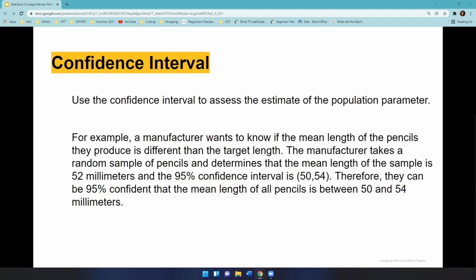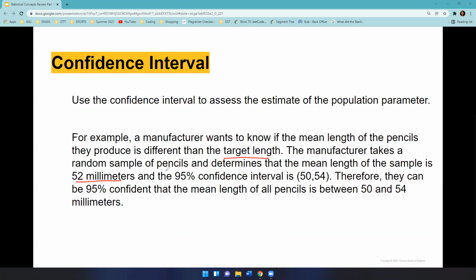Okay, we have an example also. Suppose a manufacturer wants to know if the mean length of the pencils they produce is different from the target length. So they have set a target length, and what is the average length of the pencil. They took a random sample of pencils and determined that the mean length is 52 millimeters.